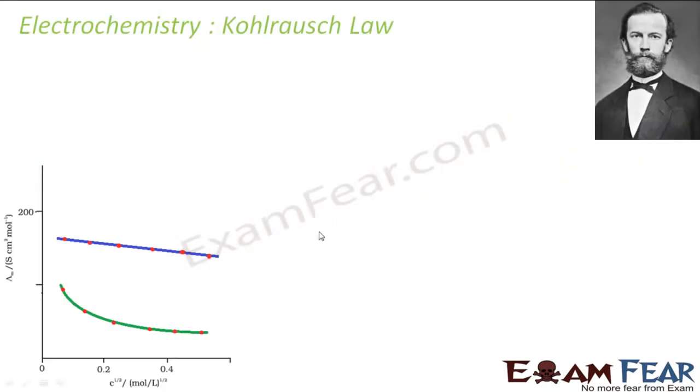So as per Kohlrausch law, if you take a strong electrolyte, the blue one is my strong electrolyte and the green one is my weak electrolyte. This we just saw. Strong electrolyte, for example KCl, and weak is like acetic acid.